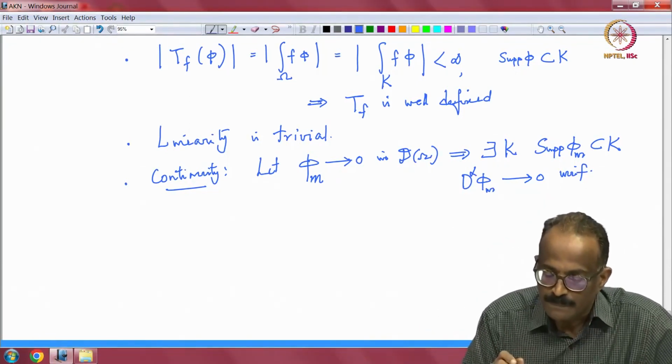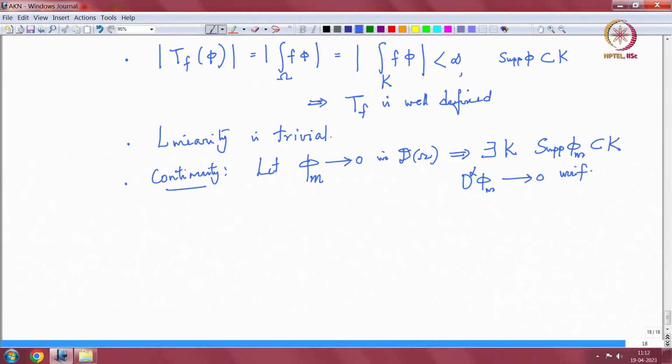But for this particular problem, you do not need all the derivative convergence. It is enough to have phi m goes to 0 uniformly.